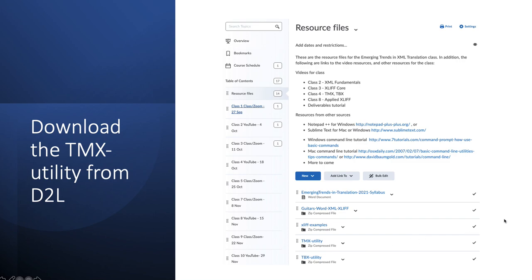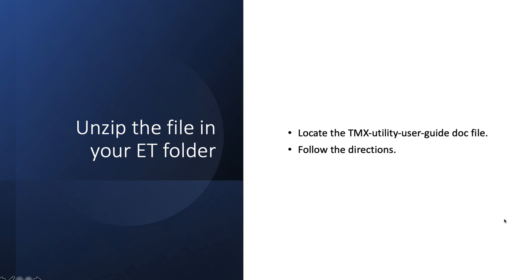When we get that utility, we'll put it in the ET folder that we've already created. In that ET folder on your desktop, after you've unzipped the file, you'll see a TMX user guide file. It's a Microsoft Word file. And together, we will follow the directions.